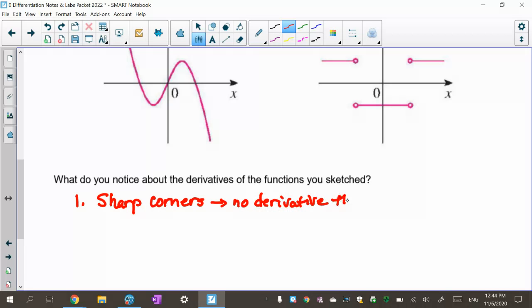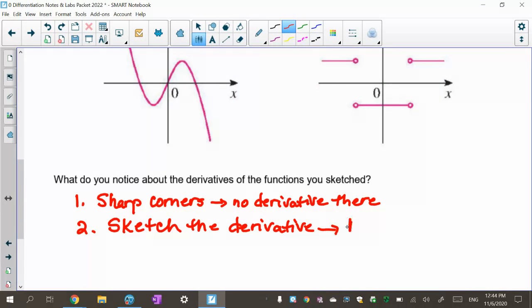And the other thing I noticed is that when I sketch the derivatives, it's always one less power. It's one less power because there's one less turn in my graph, right?